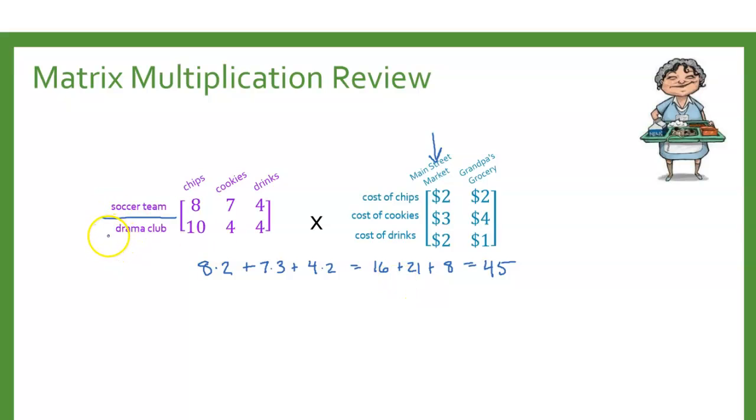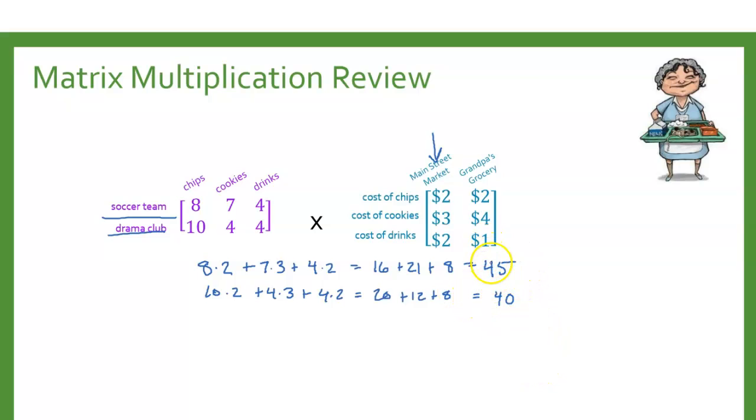Similarly, if we were to look at the drama club for Main Street Market, we'd do 10 times 2 plus 4 times 3 plus 4 times 2. So that's 20 plus 12 plus 8, which is 40.